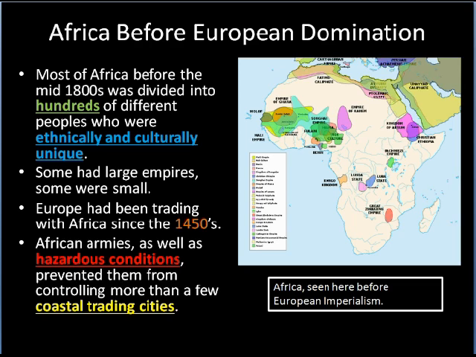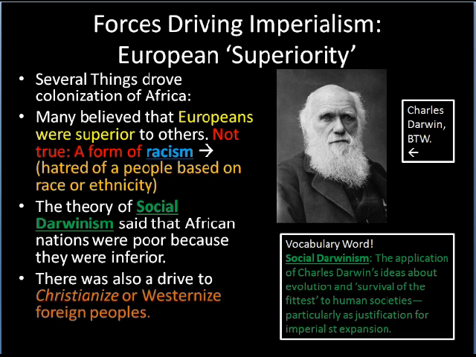Now, what then would lead Europe to become dominant over Africa? Well, there are a few forces driving imperialism there. The first one we're going to talk about here is European superiority. Many Europeans believed that Europeans were superior to other people.